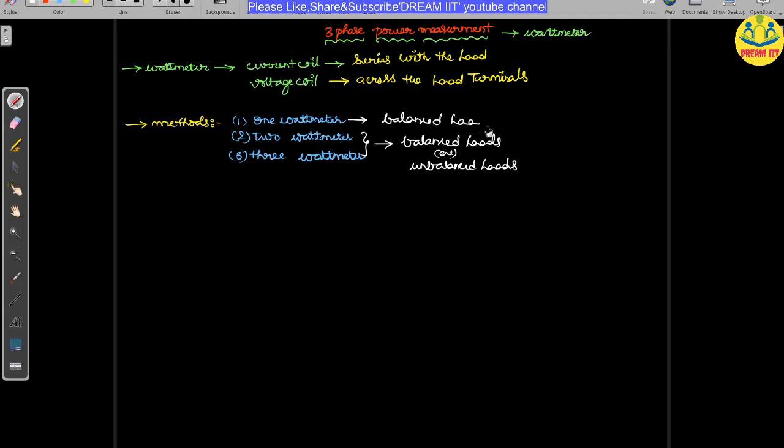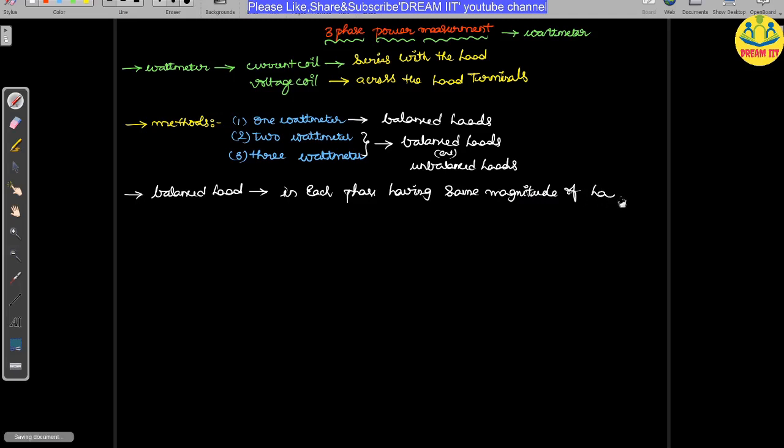Before going to that, once again I am revising what is the meaning of the balanced load and what is the meaning of the unbalanced load. Load is balanced means each phase is having the same magnitude of load present.